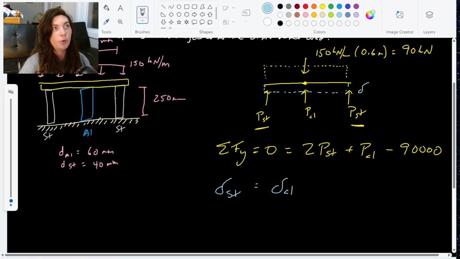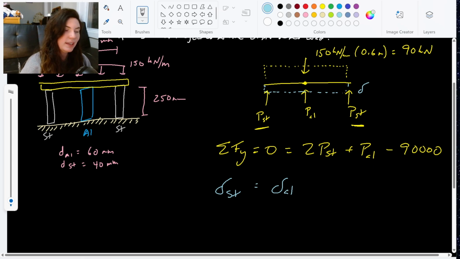Because if my steel beams both move up, that's going to mean that my aluminum is being affected in the exact same way, right? It's being affected in the middle here because it's fixed. So my aluminum displacement has to equal my steel displacement.